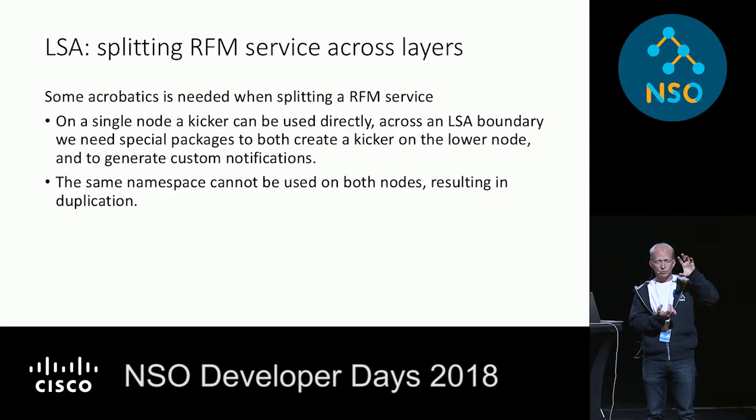It needs to send that whenever the service is ready, and the upper layer also needs to somehow receive this custom event and react to it. And similarly, when it provisions the service, it needs to provision it using a namespace that is different from the one used on the upper node.